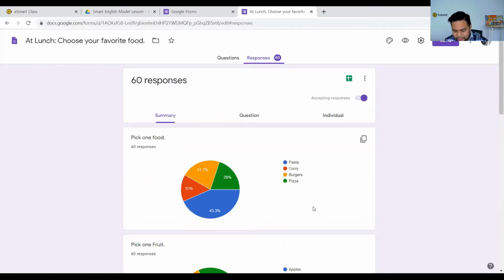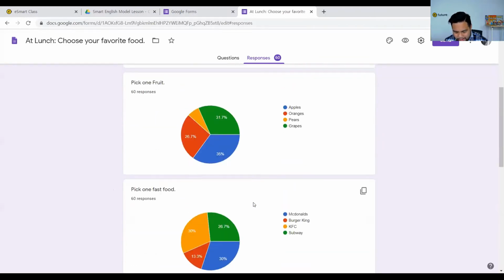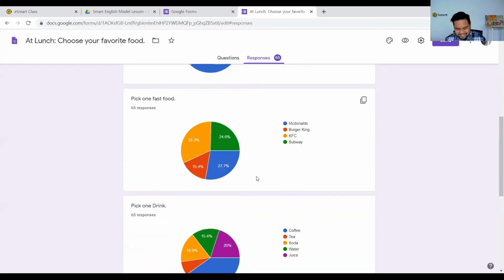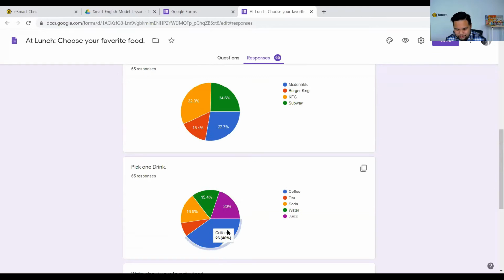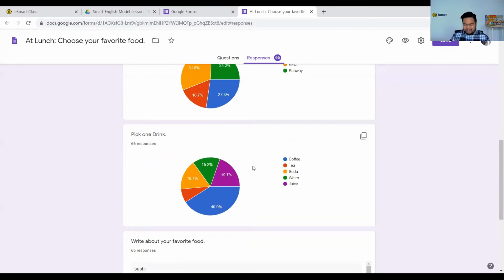Going through here, it looks like 26 people like pasta, 21 like apples, McDonald's, and KFC. Oh, KFC coming into the lead here. I saw a lot of Burger Kings in the chat, but Burger King is coming in last here. And then, of course, coffee. I think coffee is an overwhelming one here.